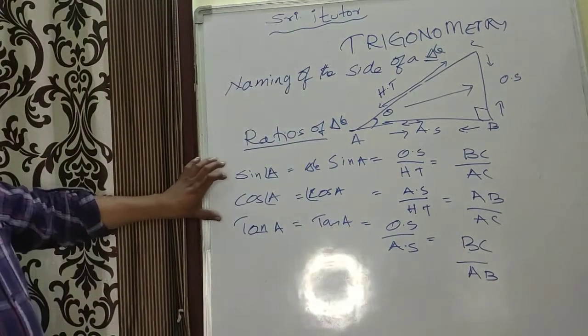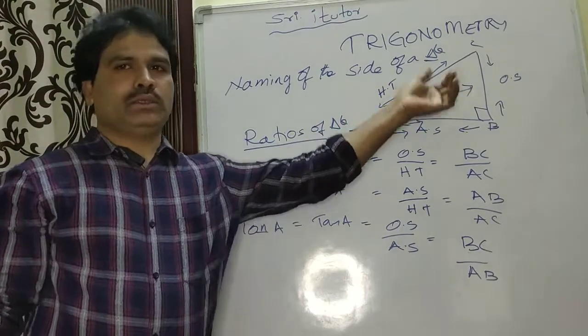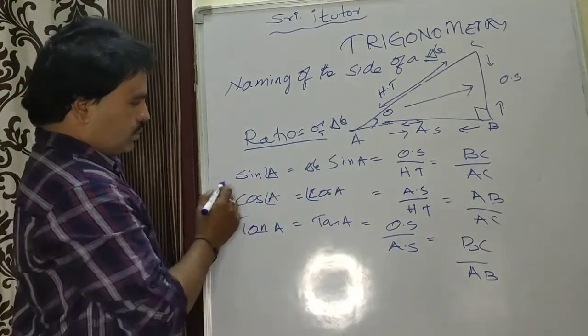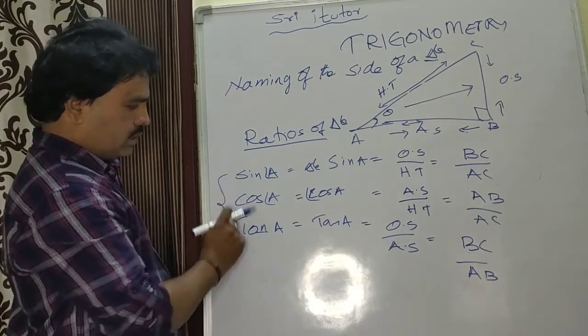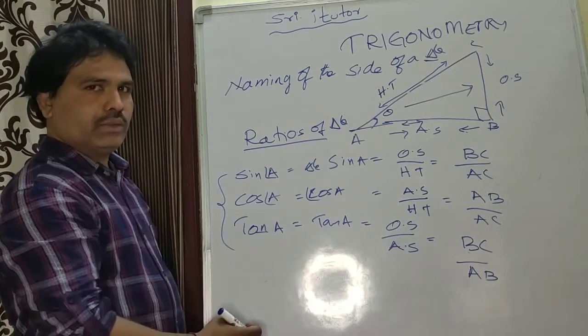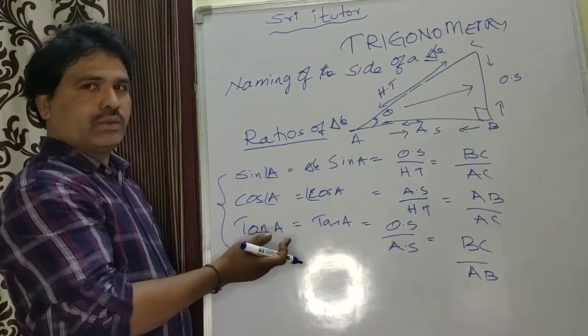These three are the common and basic ratios of trigonometry using a right angle triangle having one acute angle. If you know these basic three ratios, the remaining three ratios we can define easily, because the reverse of these three ratios gives the remaining three trigonometric ratios.